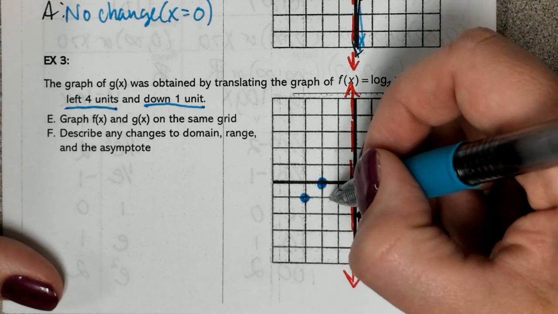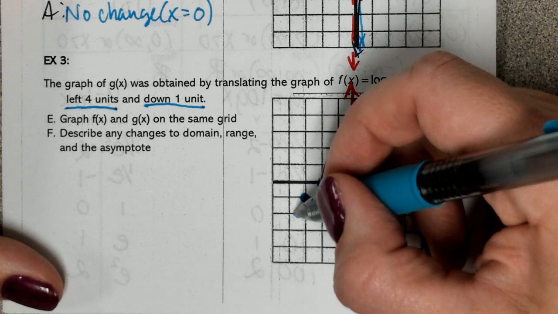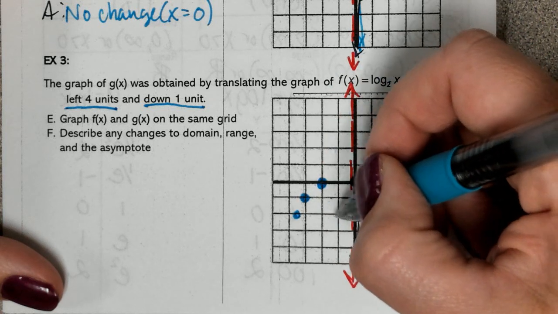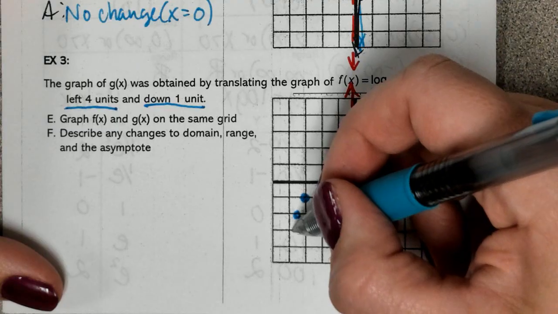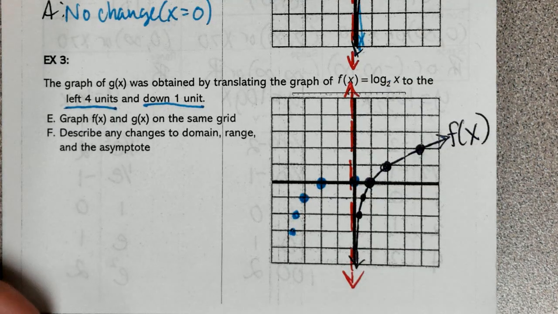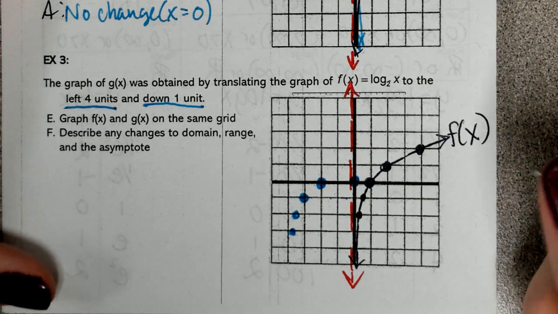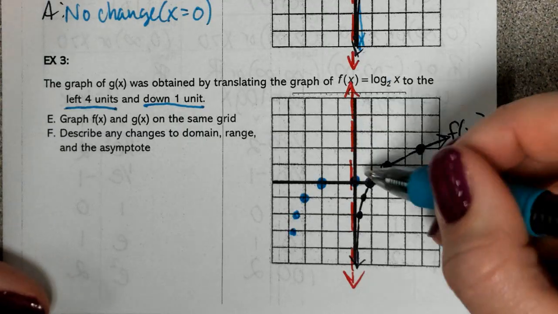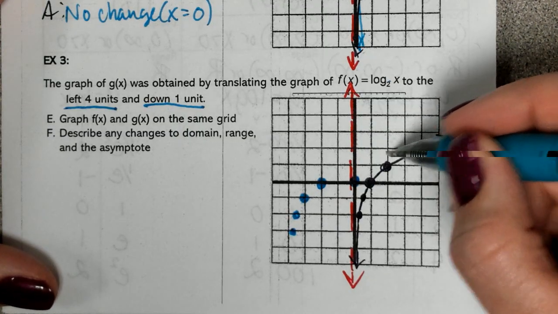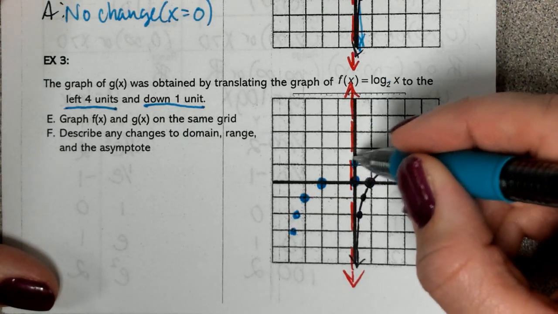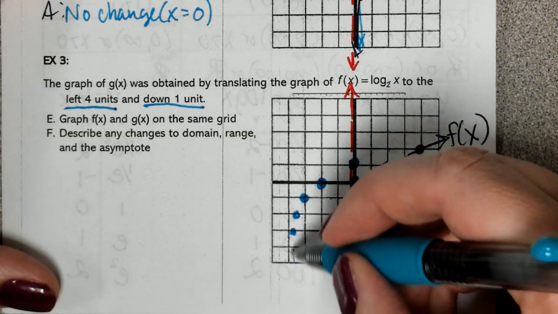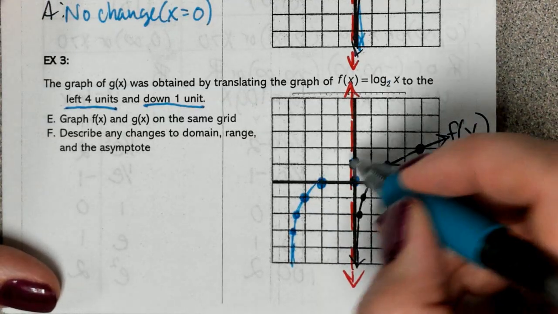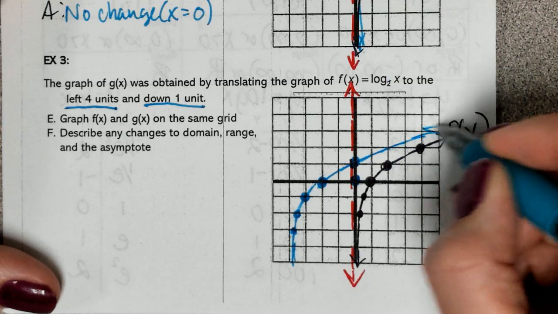This point, 1, 2, 3, 4, down 1. Okay. Oh, I think I misplaced my first point. 1, 2, 3, 4, down 1. It's right here. Misgraphed that.